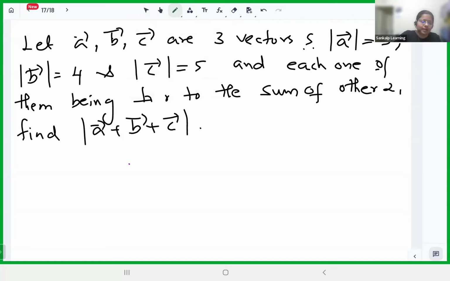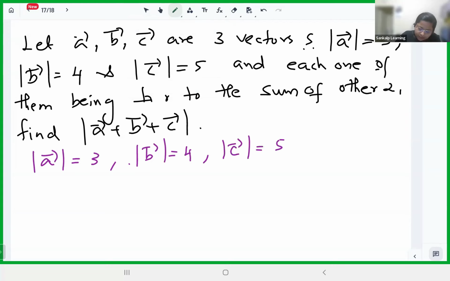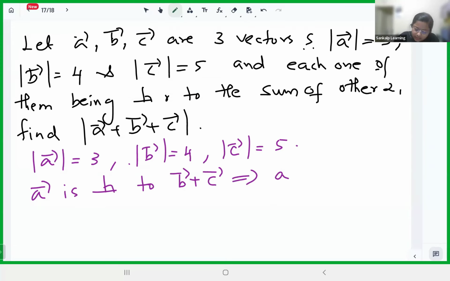Alright, so we are going to write it mathematically. The magnitude of vector A is equal to 3, magnitude of vector B is equal to 4, and magnitude of vector C is equal to 5. They have given that vector A is perpendicular to vector B plus C, which implies vector A dot B plus C is equal to 0.